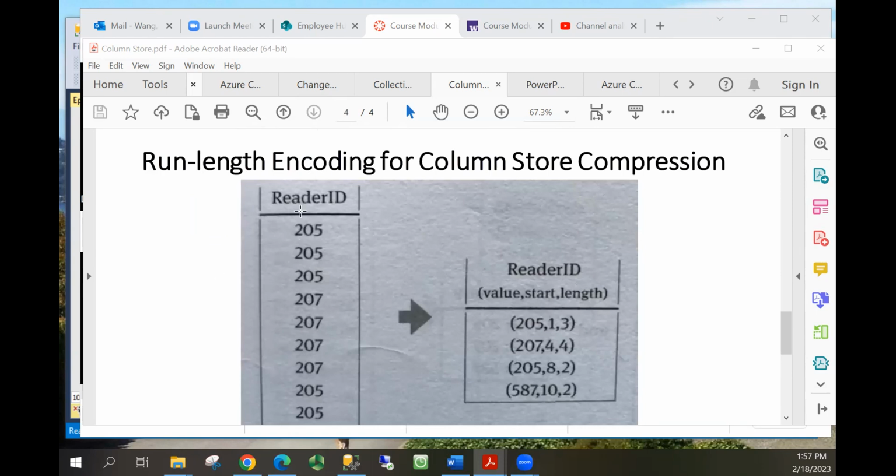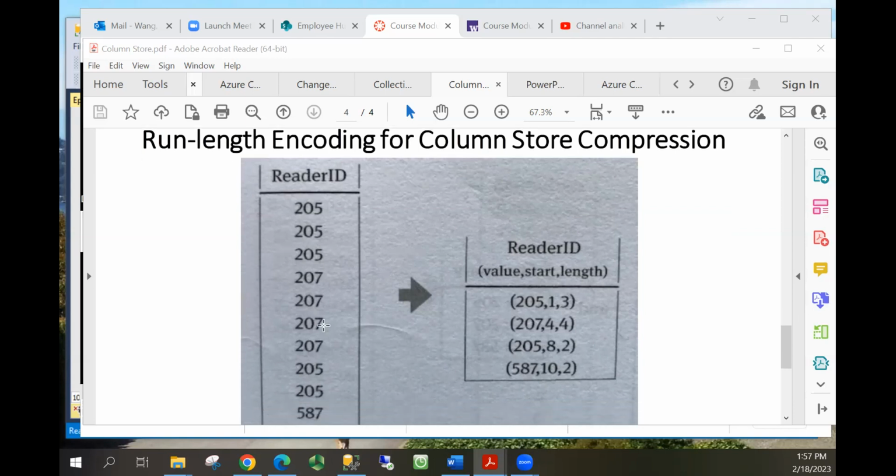You look at the raw data, you have 3205, and the algorithm will compress 3 records into one record, one row. So 205 starts at location 1. There are 3 occurrences of 205. You see, just look at this, how the raw data is compressed.